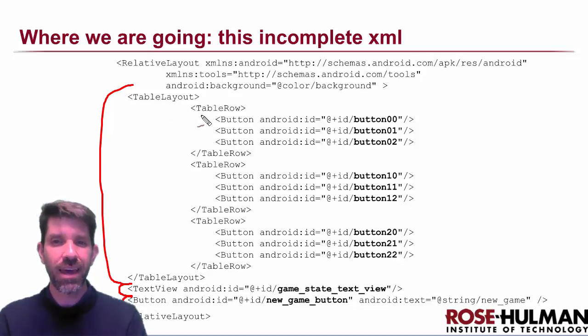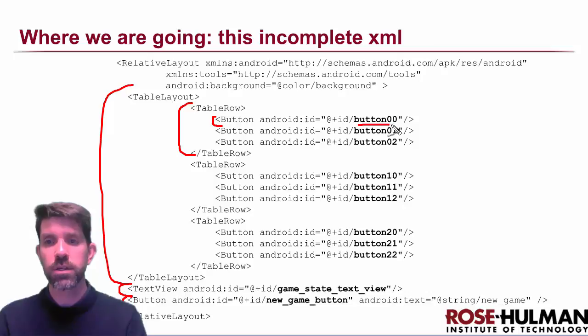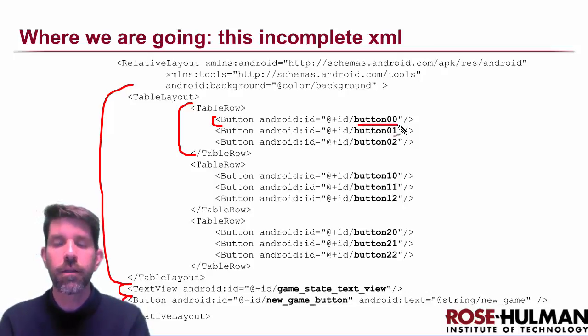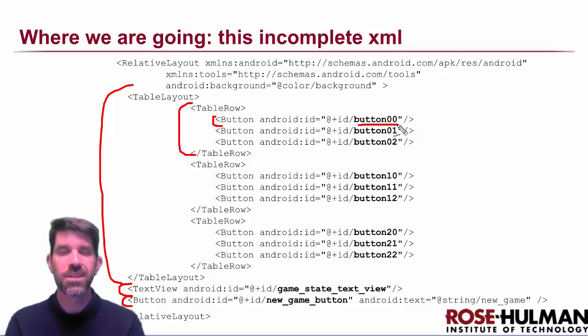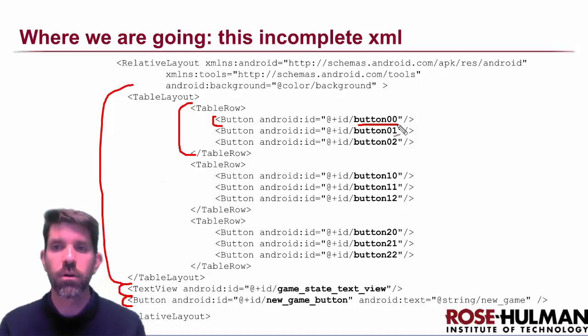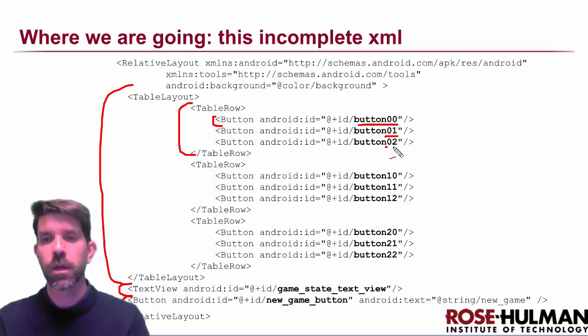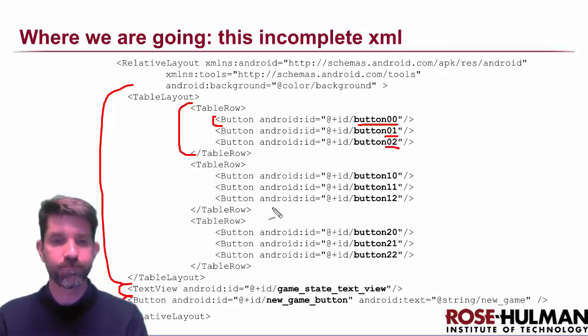Essentially, the table layout is going to have three rows. Each row is going to have three buttons. Then we're going to give them all IDs that are hard-coded to their position in the array. So 0 0 is going to be the upper left one, 0 1, so row 0, column 1, is going to be the second one, and so on for those nine.